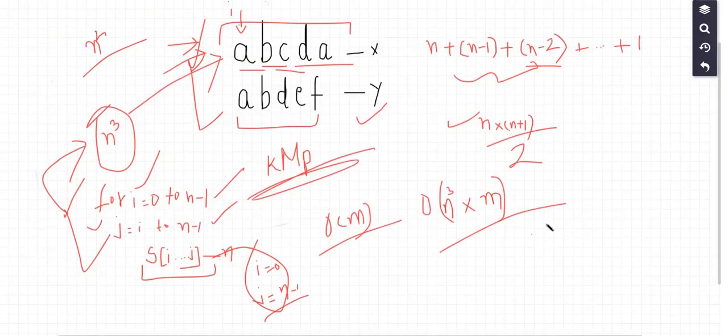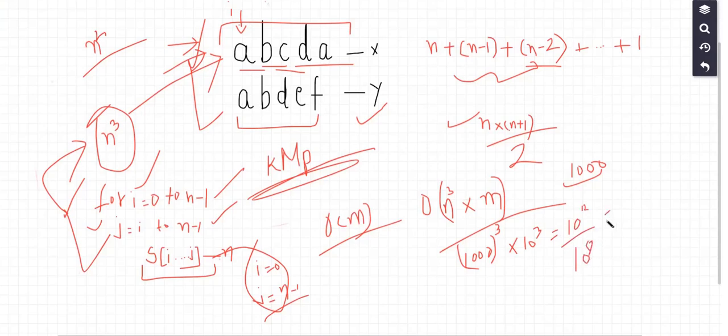For instance, for a string of length 10,000, or let's not take 10,000, even 1,000, the time complexity will be 1,000 raised to the power 3 into 1,000, and this will give me 10 to the power 12, which is huge, and this will give me a time limit exceeded.